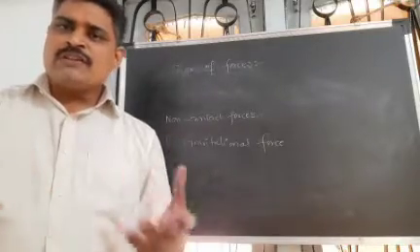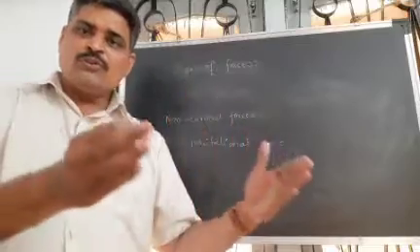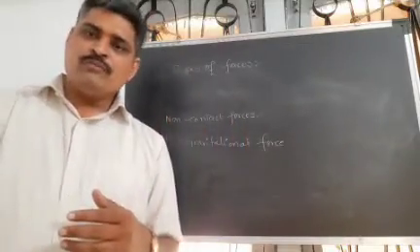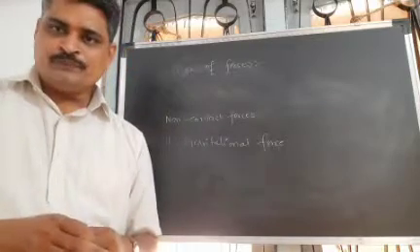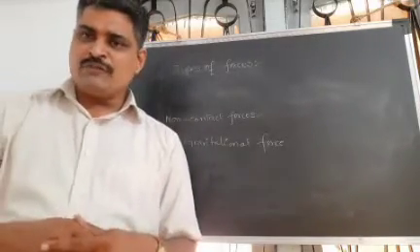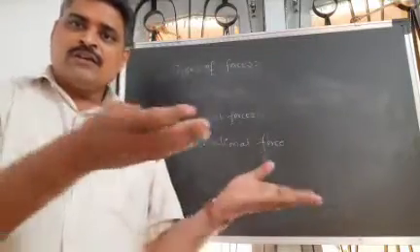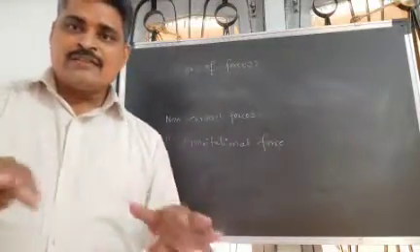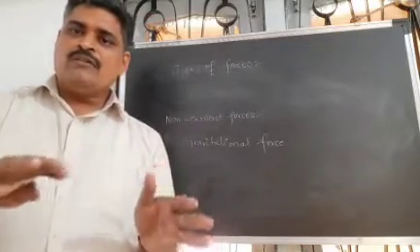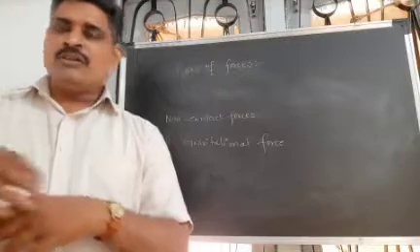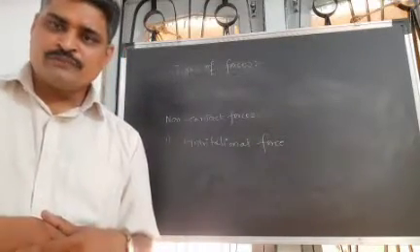Due to this gravitational force only, rivers flow from high region to low region. They flow from a certain height downwards. That is a very good example for gravitational force. This gravitational force causes the tides in ocean, the waves which are coming in the water in ocean. That is an example for gravitational force.